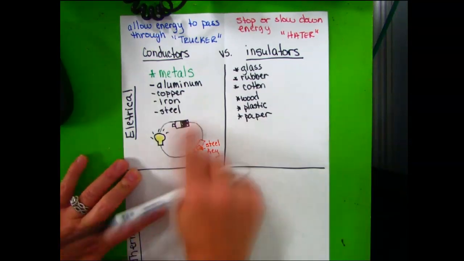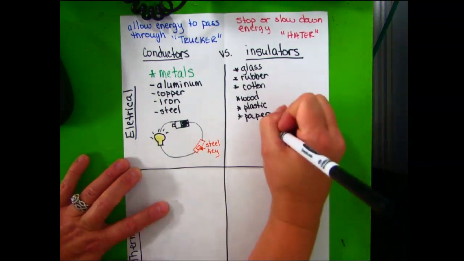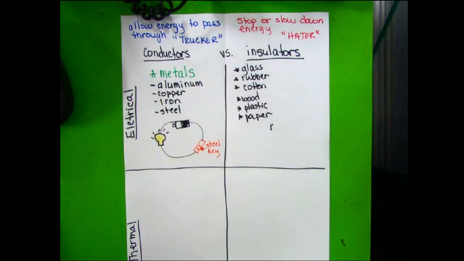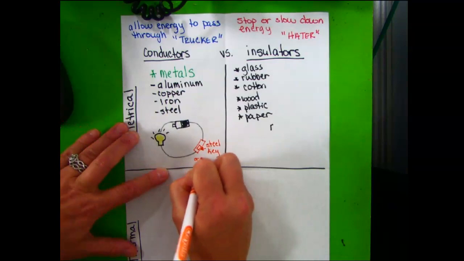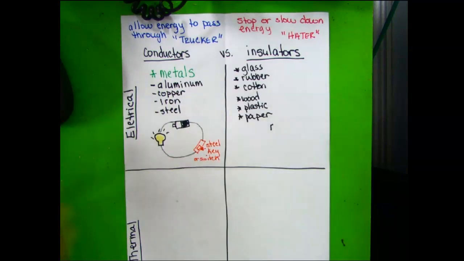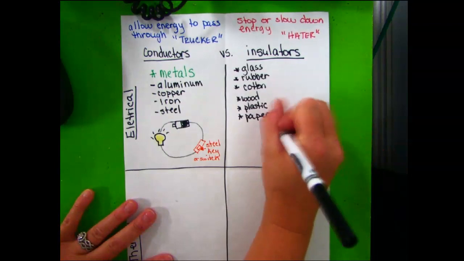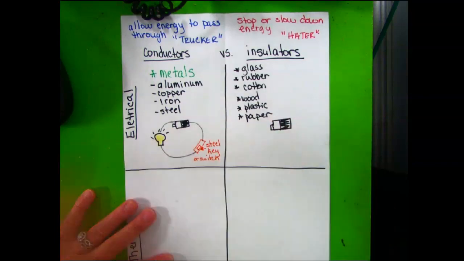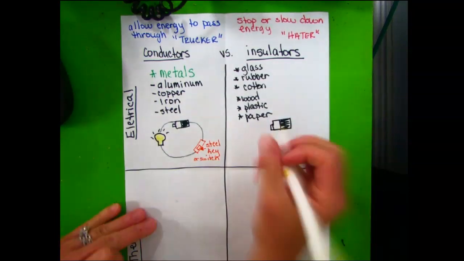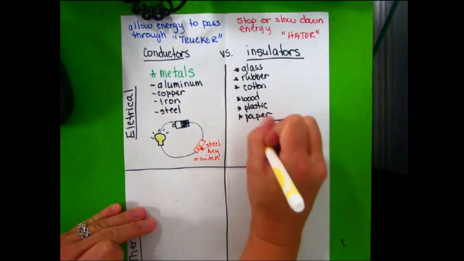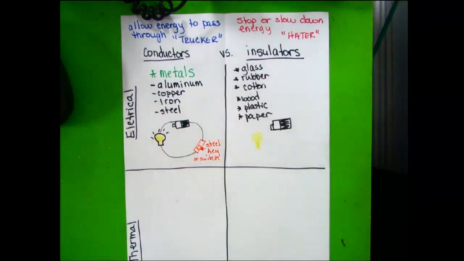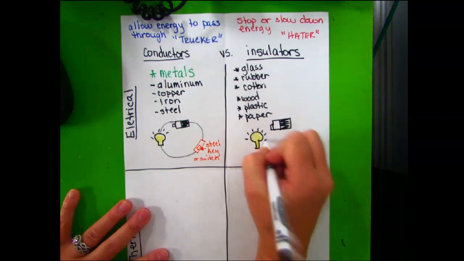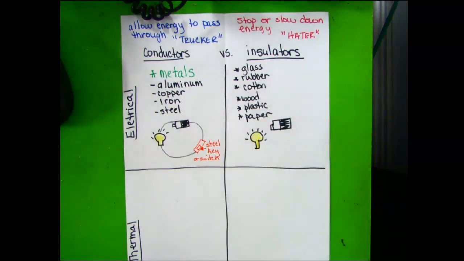So I am going to redo this drawing here, but I'm going to put something else in instead of the steel key or the switch. I'll put my battery, make my light bulb. It doesn't have to be a very good light bulb. You get the point, right? Connect my wires.